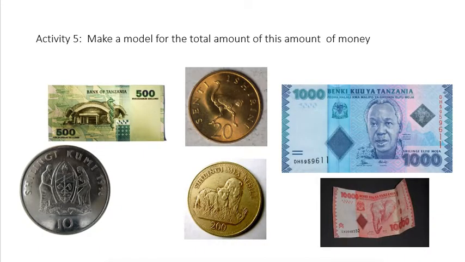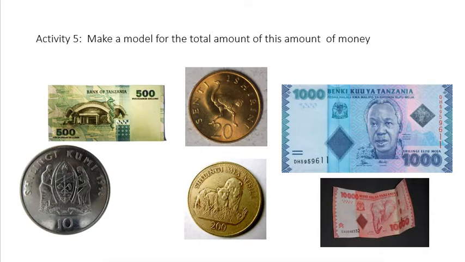Okay, here is another activity, and it is a bit more challenging. Make a model for the total amount of money and this amount of money. So you should construct a model that will show all this amount of money. Pause the video again, construct the model. In this case, you cannot use a single grid model.